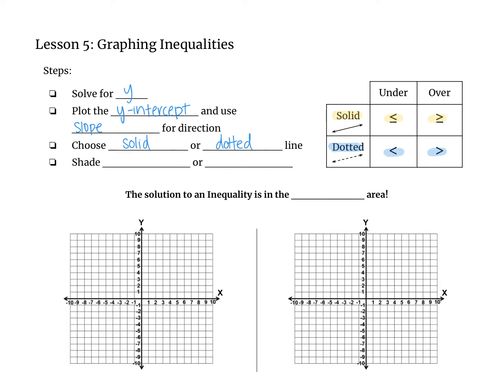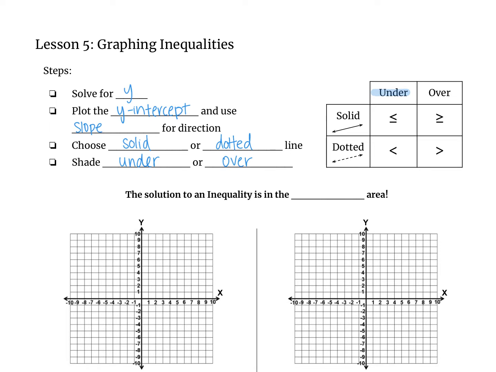Then our last step here is we're going to shade. So if you like coloring, that's what we're doing today. We're going to shade either under the line we just plotted, or we're going to shade over it. To know if we are shading over or under, we look again at that inequality sign.